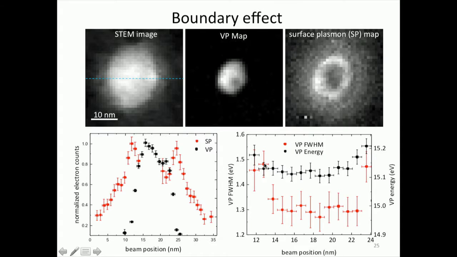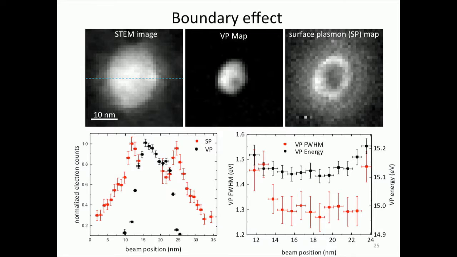However, another interesting thing that happens at this interface is that the volume plasmon energy and full width at half maximum change. So let's go now to this bottom right graph. Here I have the volume plasmon energy in black. In the center of the particle, when you get to the edge, the volume plasmon energy tends to increase, from 15.1 up to 15.2 eV. The same behavior also happens for the volume plasmon full width at half maximum.